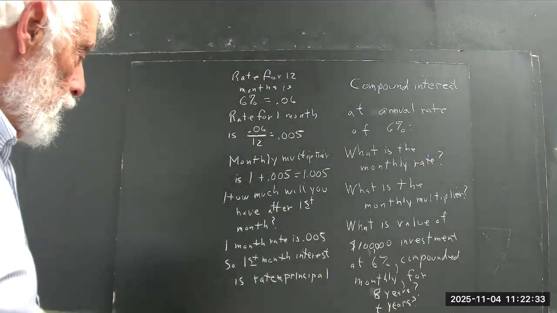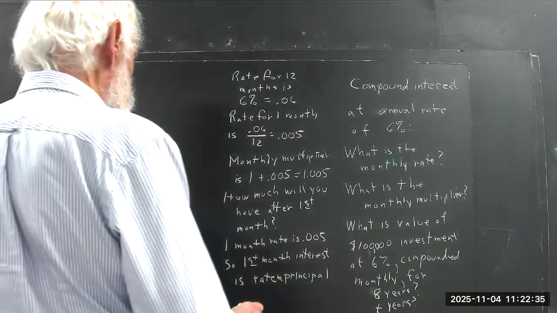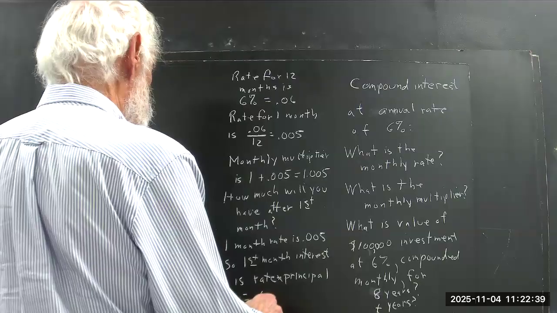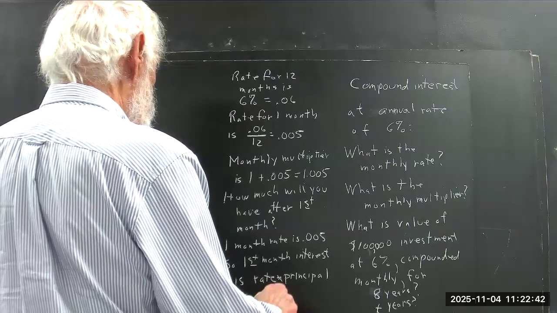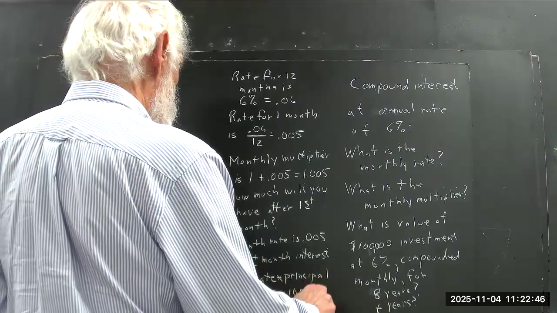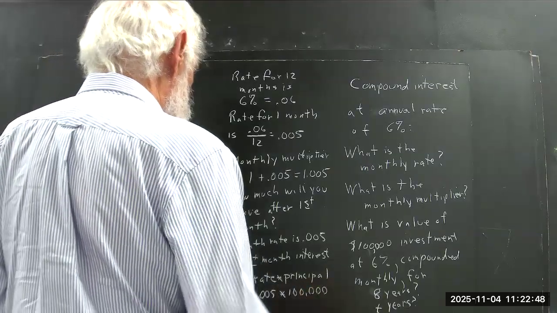You multiply the rate by the principal, which equals $100,000.